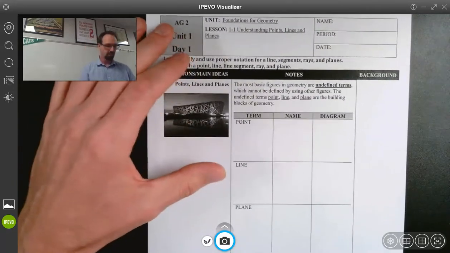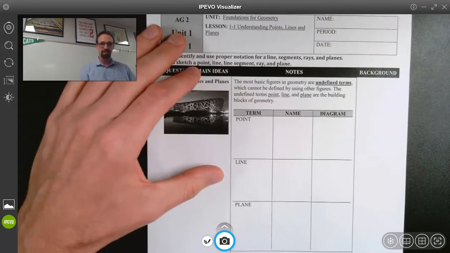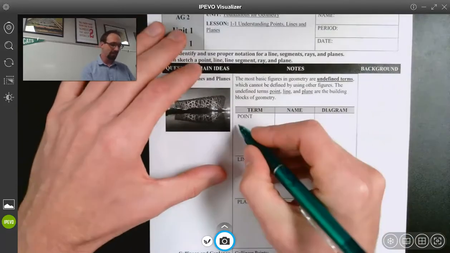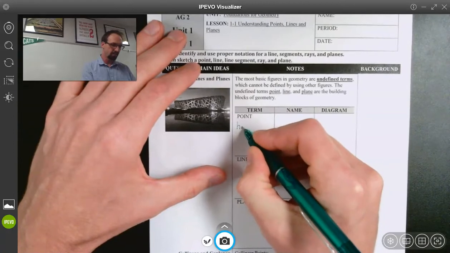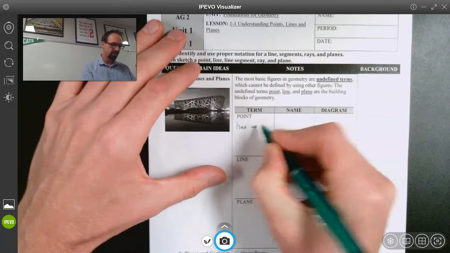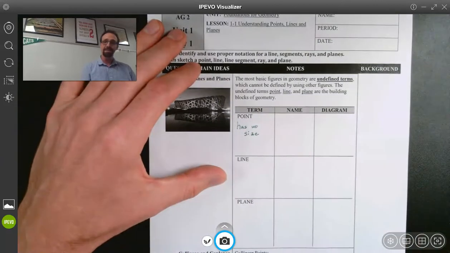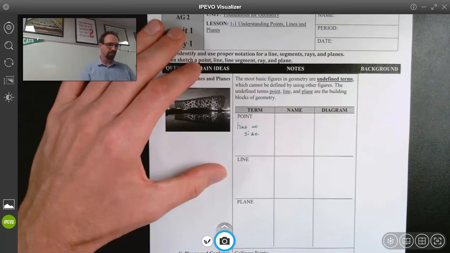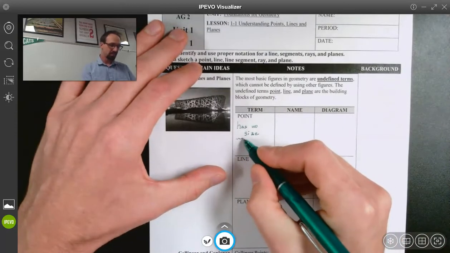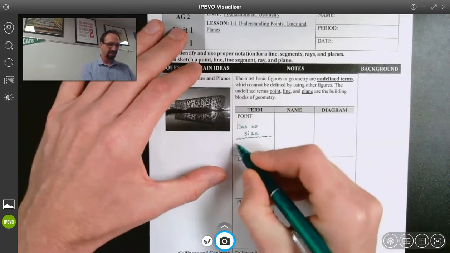When we say that something is a point in geometry, we're saying that it has no size and that it has no dimensions. It just simply exists.